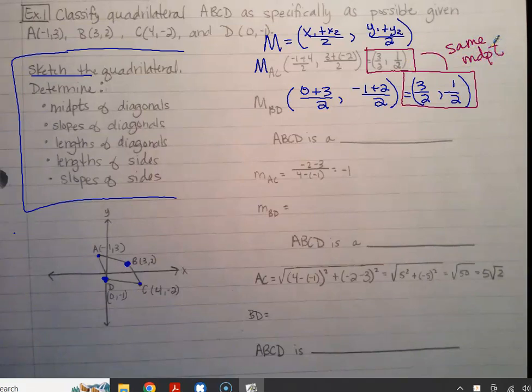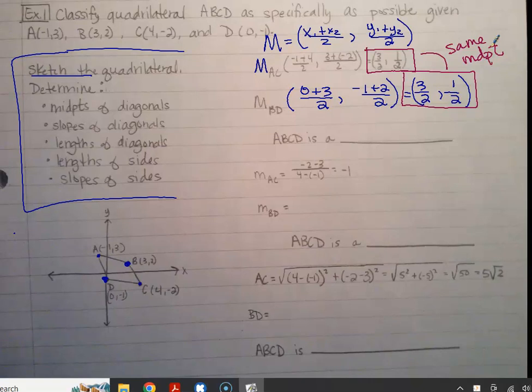What does that tell us about ABCD? We have all these theorems we've talked about with midpoints. What shape has diagonals that bisect each other? A rhombus does, but we don't know if it's a rhombus yet because we have other rules.